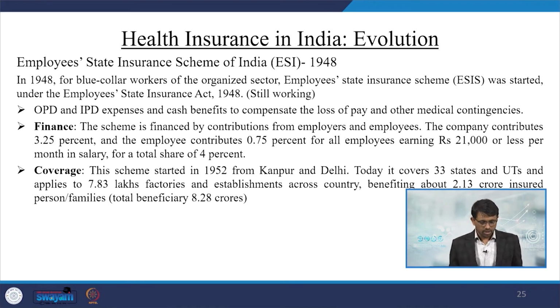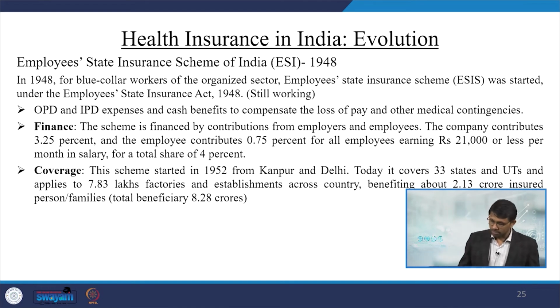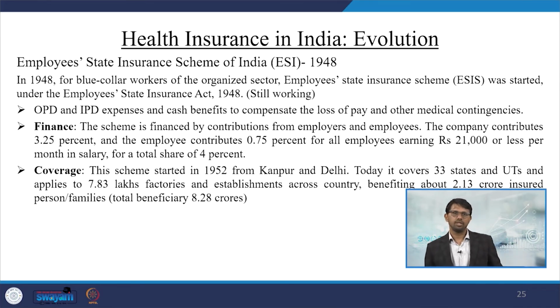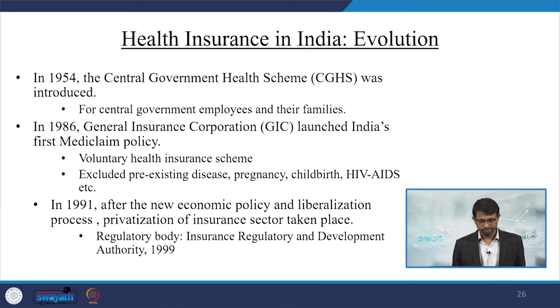This scheme has had coverage since it started in 1952 from Kanpur and Delhi. Today it covers 33 states and UTs and applies to 7.83 lakh factories and establishments across the country, benefiting about 2.13 crore insured persons or families. Total beneficiaries are 8.28 crores.